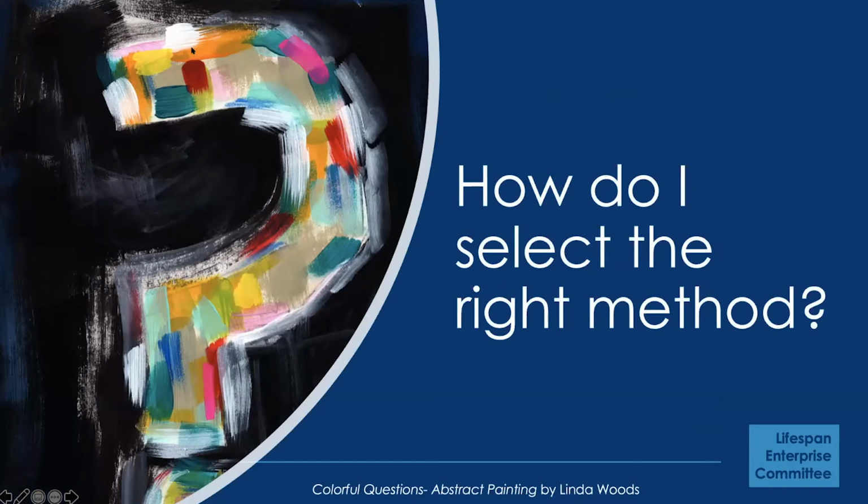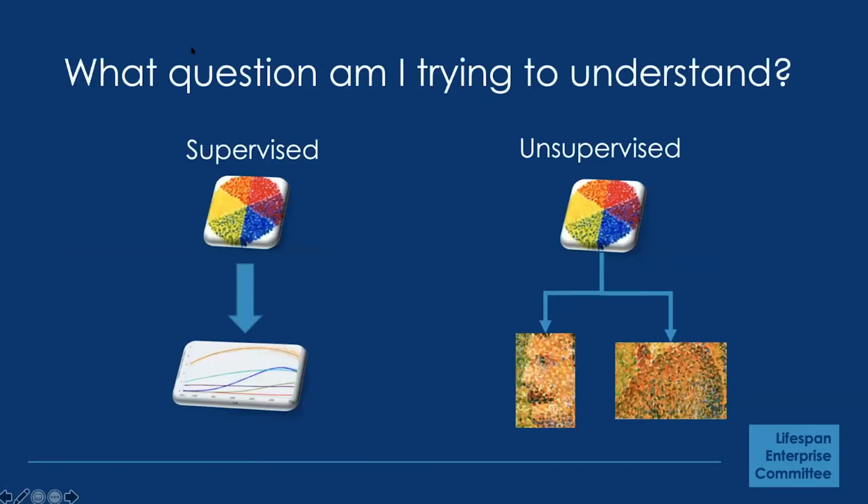So, as Dr. Patel discussed in the question and answer section, selecting the right method is something that can really help us and is a really important question when we're starting to use these complex methods.